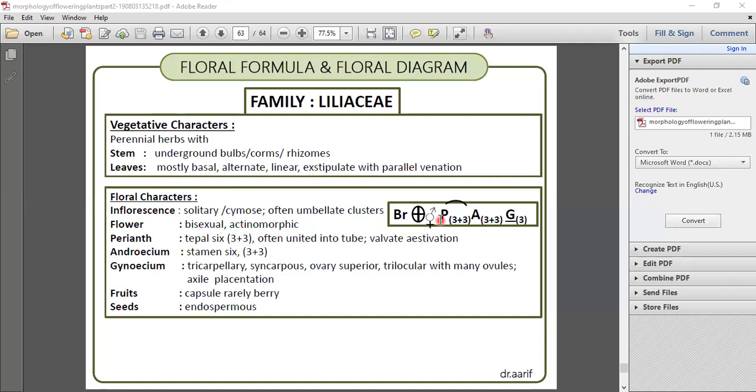Perianth is the combination of petals and sepals. I gave you the example of tuberose. Forgot? Can you people hear me? Yes, ma'am. So yes, perianth. What else can you understand from here, Rita? Is there any bracket or something?